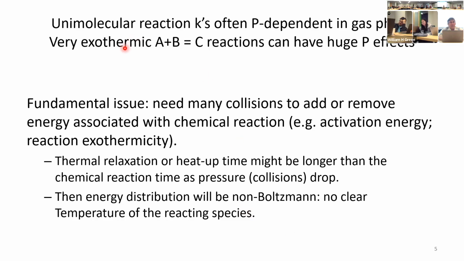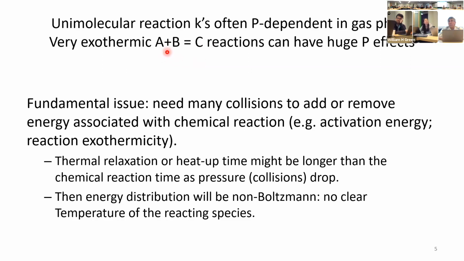A bigger effect is if you have an exothermic A plus B equals C reaction. So two things, an addition reaction or recombination reaction. These reactions are often exothermic because you're creating a chemical bond. When you first do this reaction, all of the exothermicity of the reaction is inside the C molecule that's formed. And that can be a lot of energy.